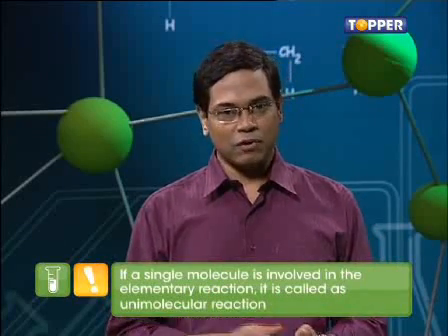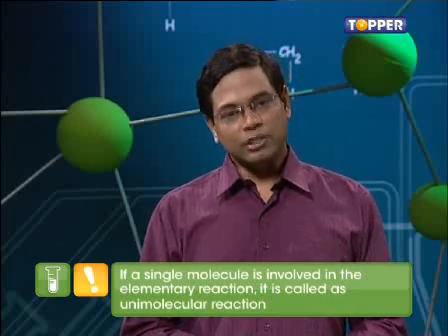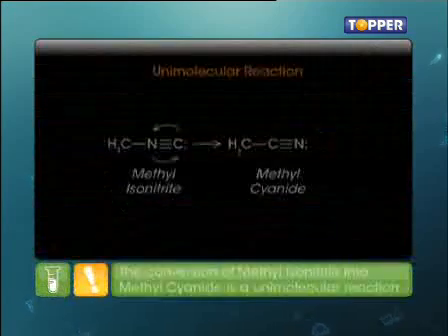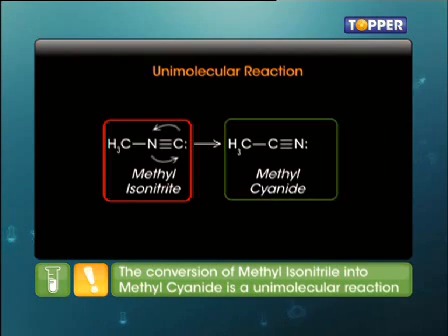Reactions can be classified on the basis of molecularity. If the elementary reaction involves only one reacting species, the reaction is called a unimolecular reaction. As you can see, the conversion of methyl isonitrile into methyl cyanide is a unimolecular reaction.